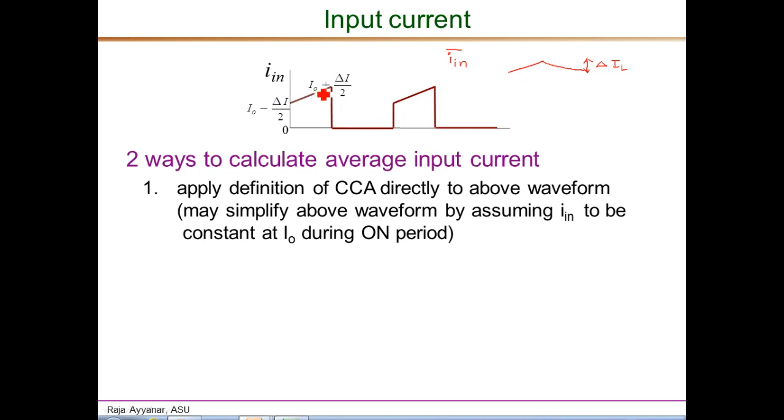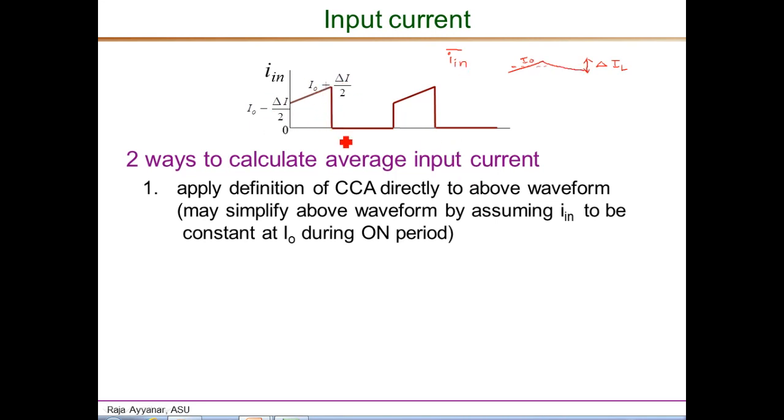And since the input current waveform IN is exactly same as the inductor current during the on interval, the input current also rises from, and we also know that for the inductor current its average value was IO. So this part is IO minus this delta I over 2, and this peak point is IO plus delta I over 2 as indicated here.